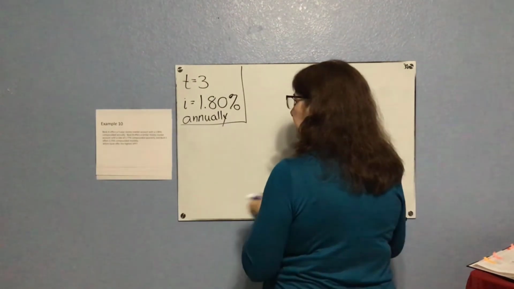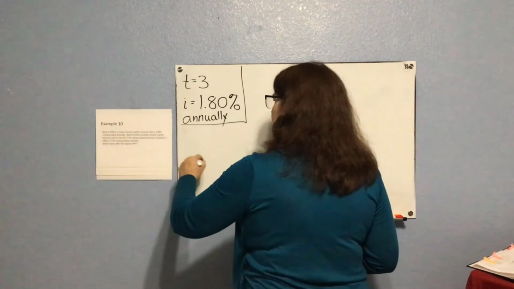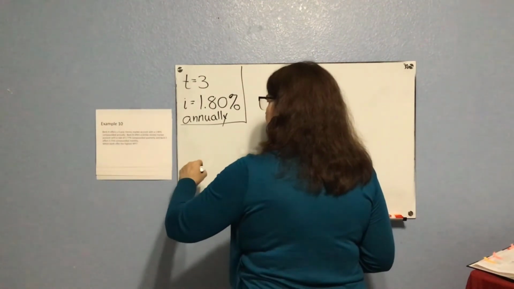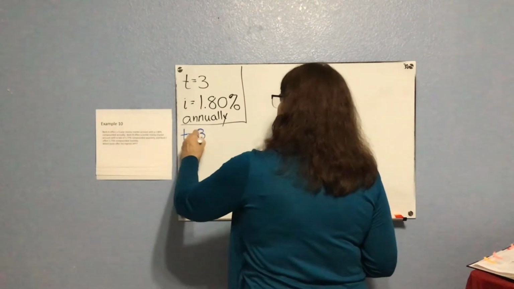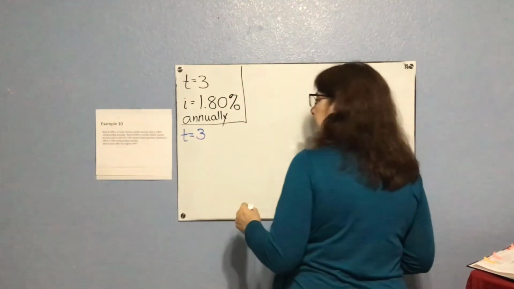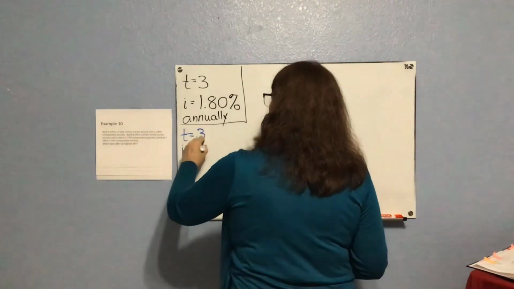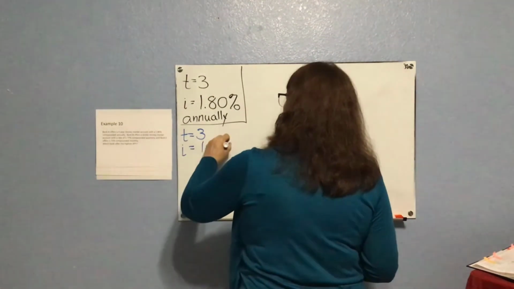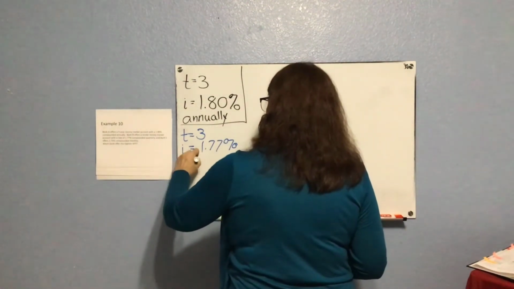Bank B has a similar account, and it doesn't specify, so I'm going to assume it's also a 3-year account. The interest is 1.77%, and this is quarterly.